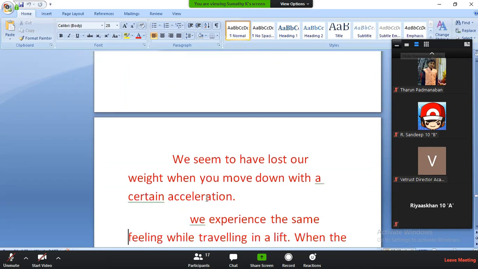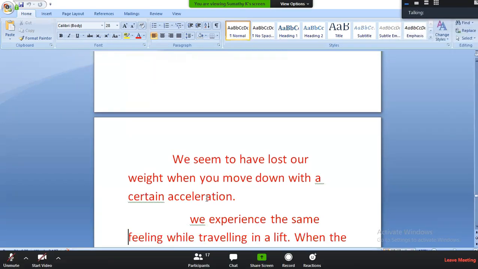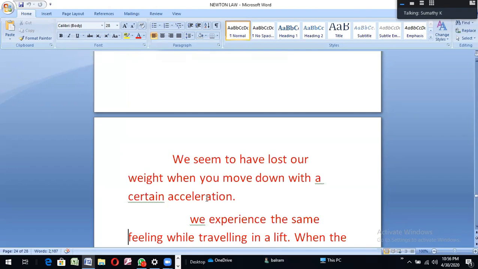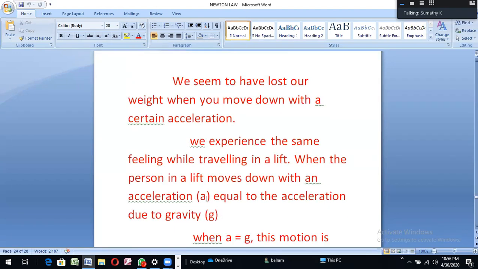Okay, we have lost our weight. We move down with a certain acceleration. What is acceleration? Acceleration means change in velocity divided by time. We experience the same in a lift also. When the lift moves up and down, acceleration is equal to the acceleration due to gravity.